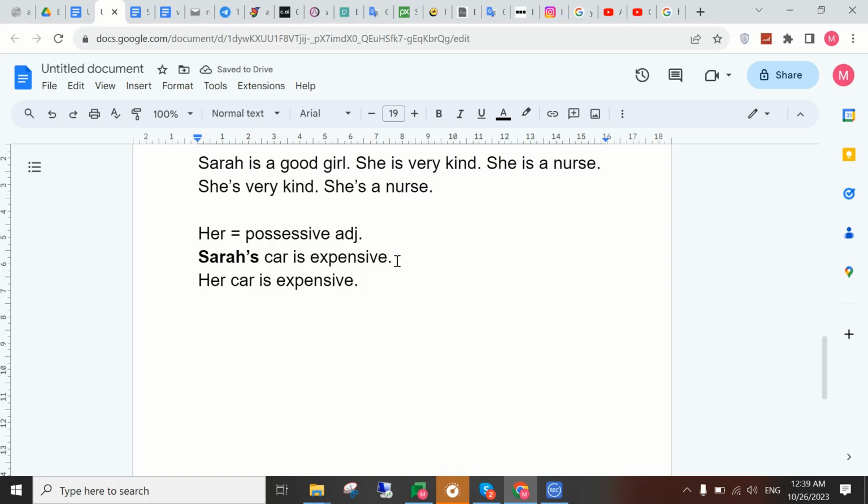Not my car. My car isn't expensive. Whose car is expensive? Sarah's car. Or her car is expensive. Okay? So let's give you more examples.